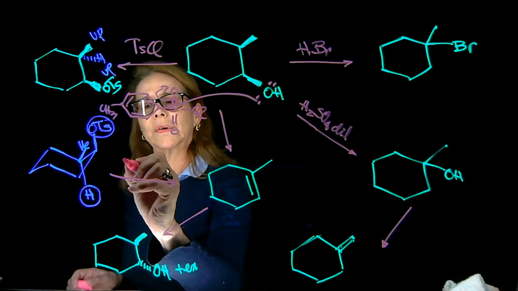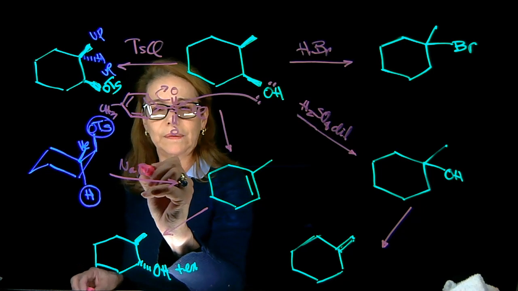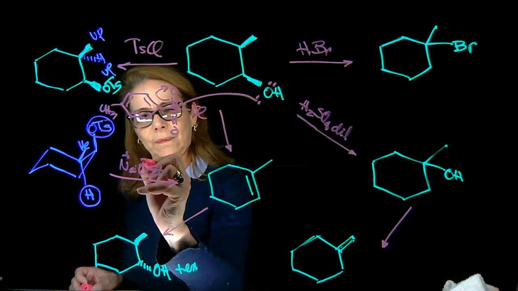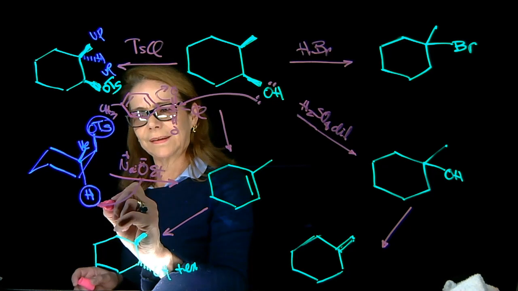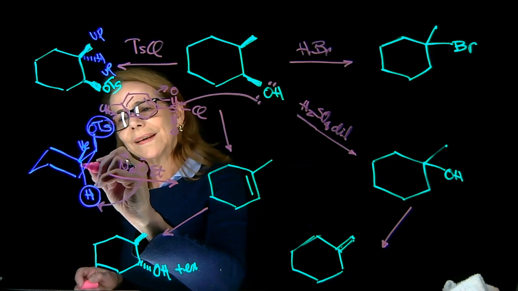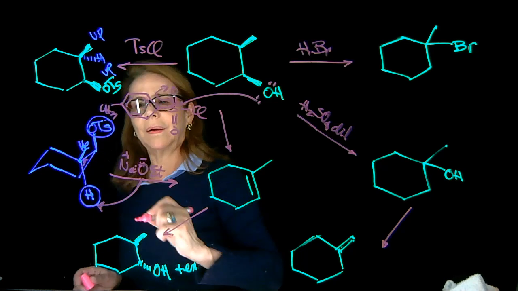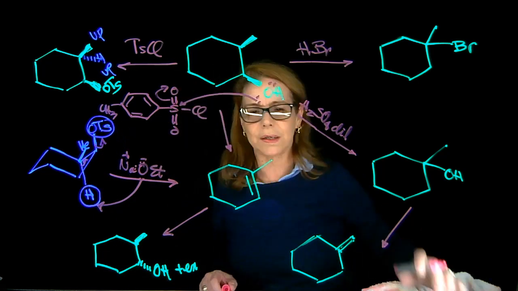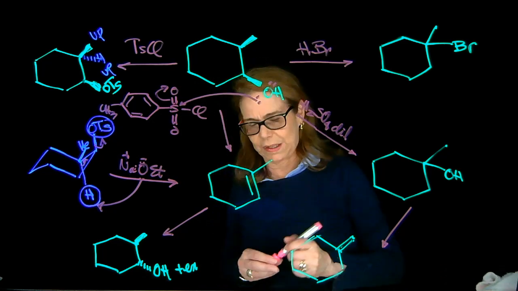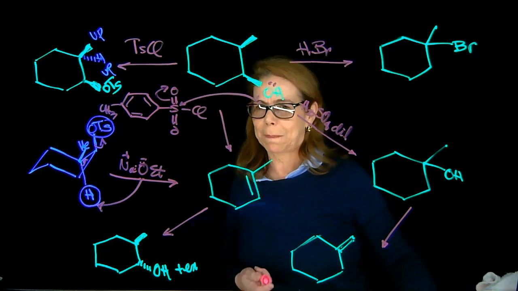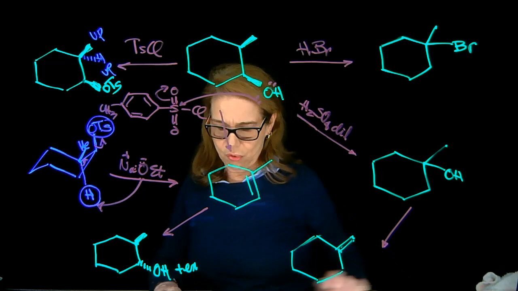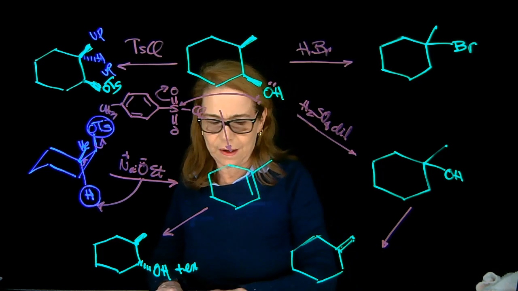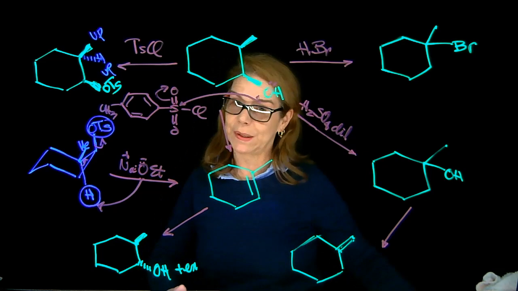And we can use, for example, sodium methoxide, and then your base is going to get the hydrogen. And now you're making a double bond, right here between where the methyl was and the tosyl. And that's how you're making your alkene. And so, again, it is possible because we had the appropriate conformation of that.